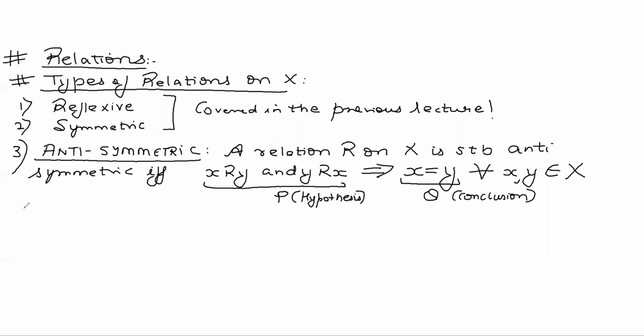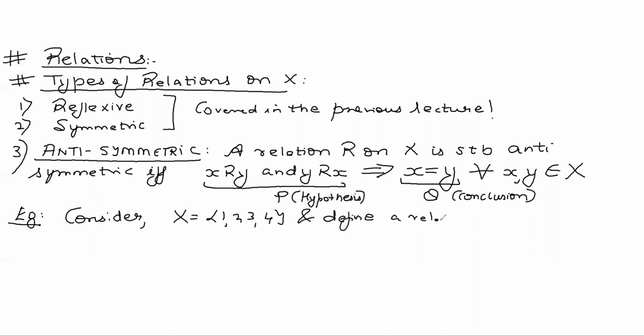Okay, so let's understand this using an example. Consider X is equal to {1, 2, 3, 4} and define a relation R1 as the set {(1,1), (2,2), (3,3), (4,4)}.